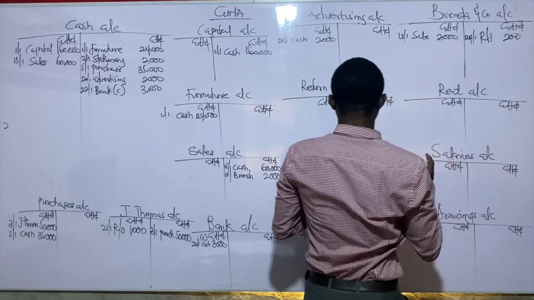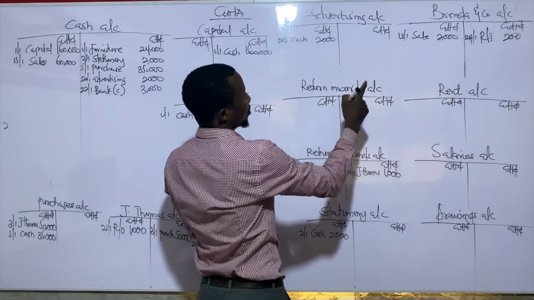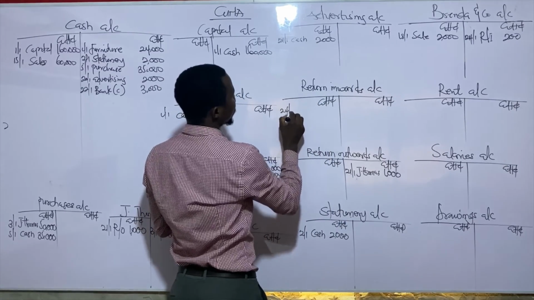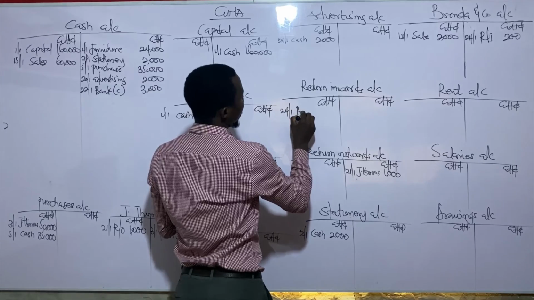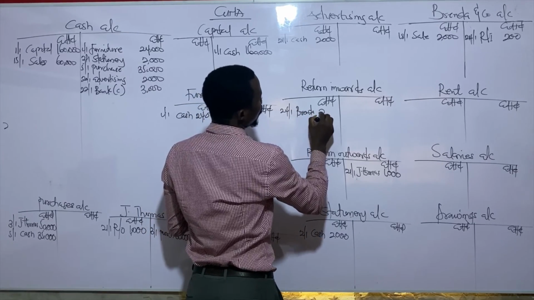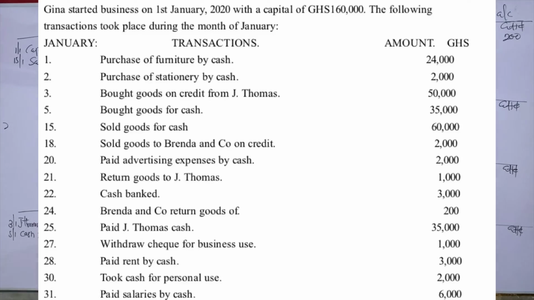Very good. So we move to return inwards account and debit it in the name of Brenda and Co. The amount was 200. Is this clear? Good.